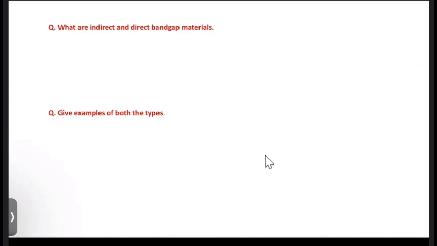Next question, what are indirect and direct band gap materials? What are they? How are the band alignment positions of these materials different?